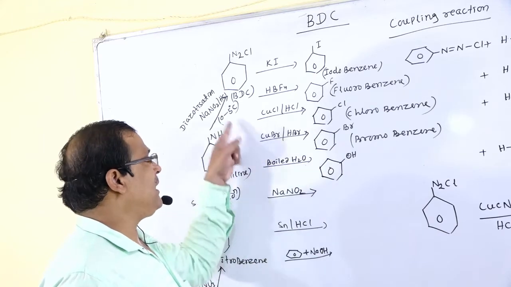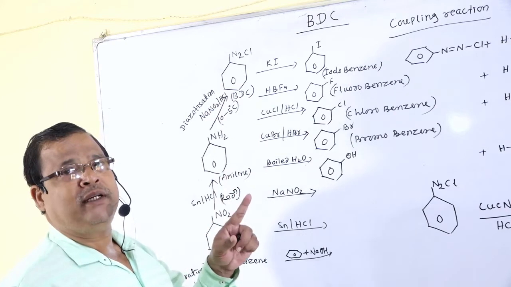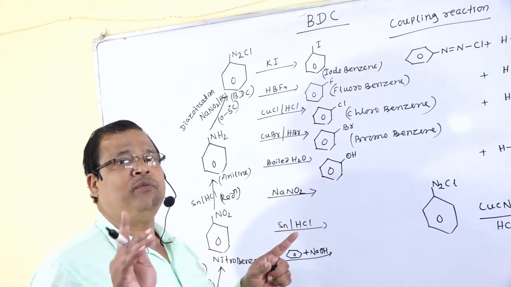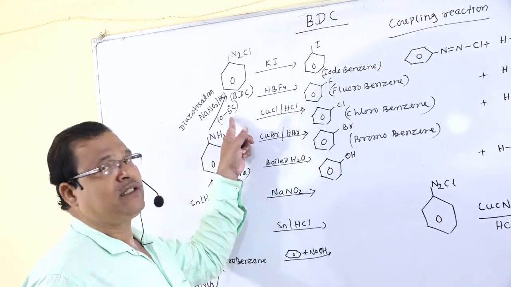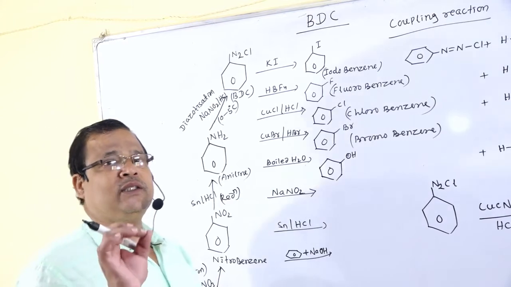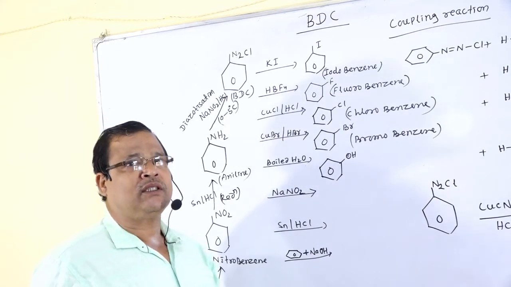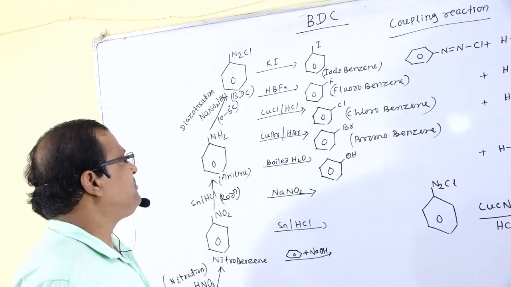If we heat the material, BDC will form and immediately be converted into phenol. Therefore, temperature must be maintained within 0 to 5 degrees centigrade. This is one of the most important precautions for the preparation of BDC.